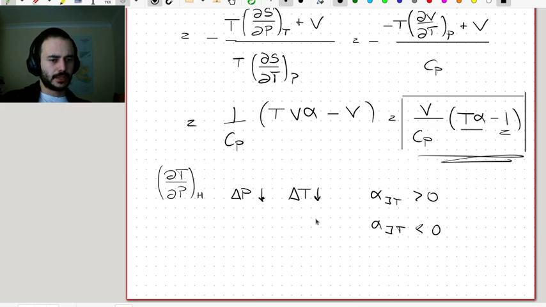And vice versa, if I increase the pressure, then the temperature goes up. However, if the coefficient is negative, I know that a decrease in pressure due to an expansion will result in a heating of the gas rather than cooling.